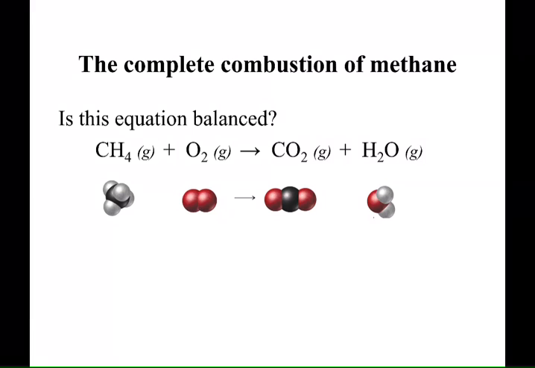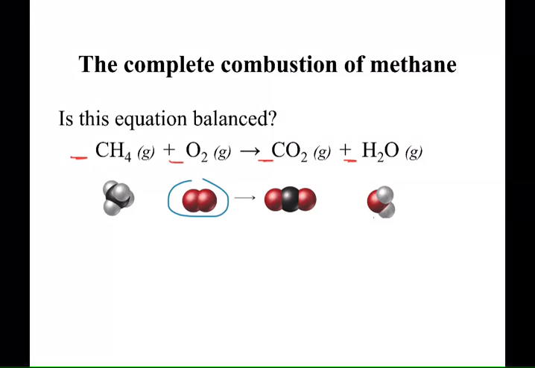Okay, so if we go with coefficients of 1 across the board here, I have 1 here, 1 here, 1 here, and 1 here. Can you see anything that is not balanced? If you look at these pictures, I'll give you a hint. There are a couple things not balanced. I'm liking the oxygens.